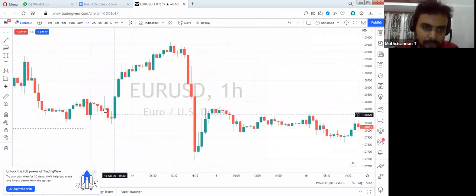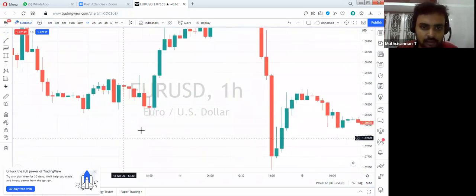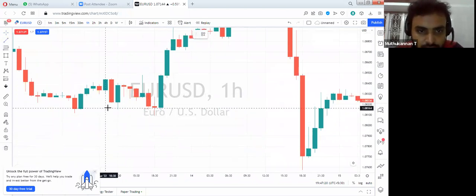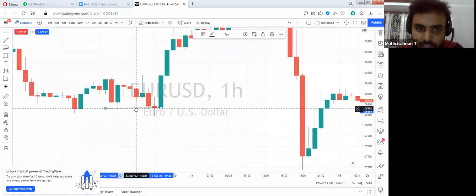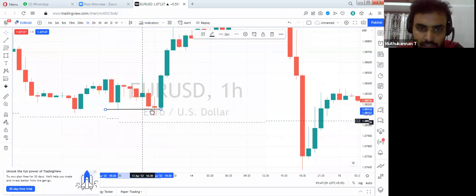In this area, now you can clearly see here. Do you guys agree with me? This is my breakout structure. Maybe you don't agree, right? Because there is a small wick only there, correct?